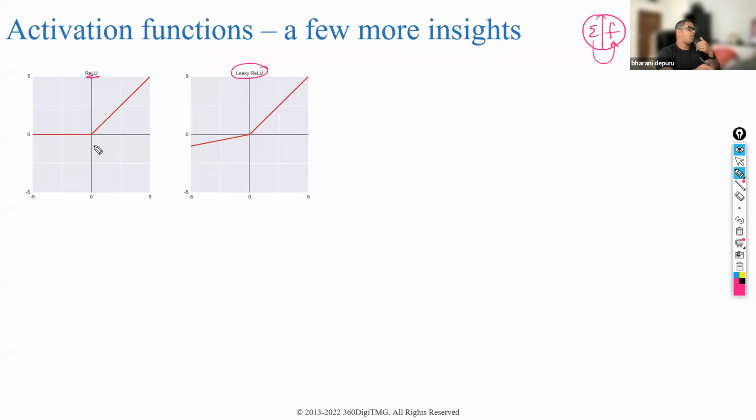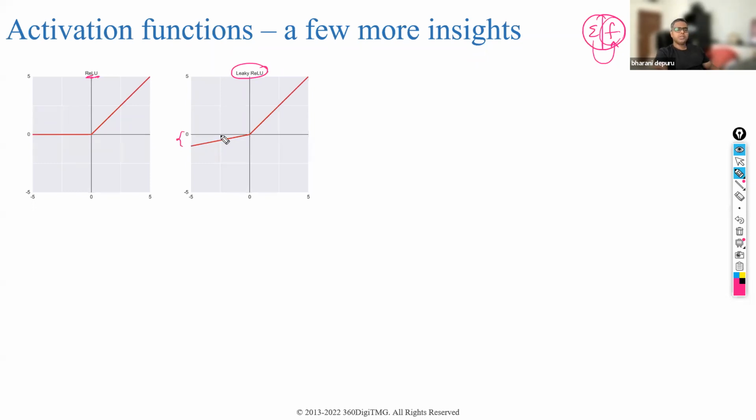Rather than forcing all these negative values to 0, can we not scale them down by a factor? So when you take this integration and give it to the activation function, it will reduce that number by 10, and that becomes your output for the negative values, only for the negative values.